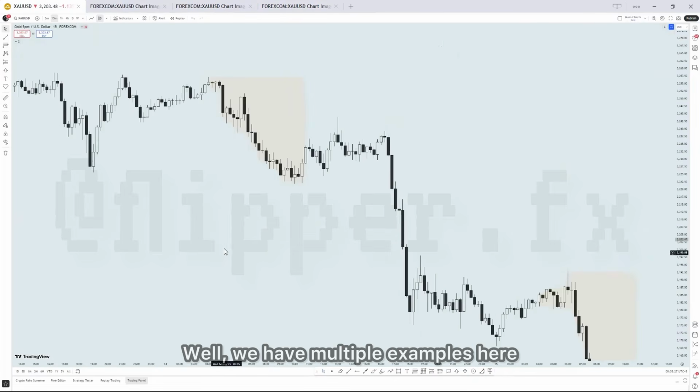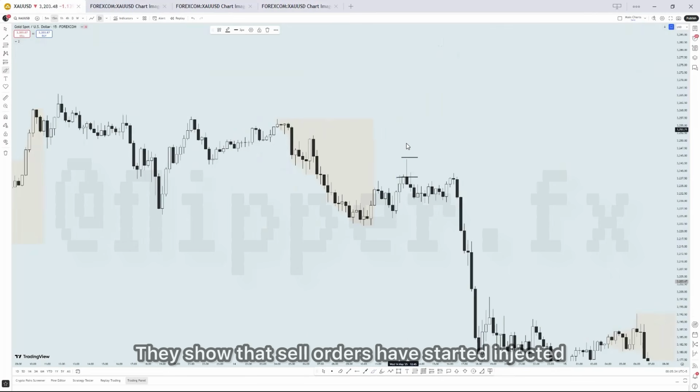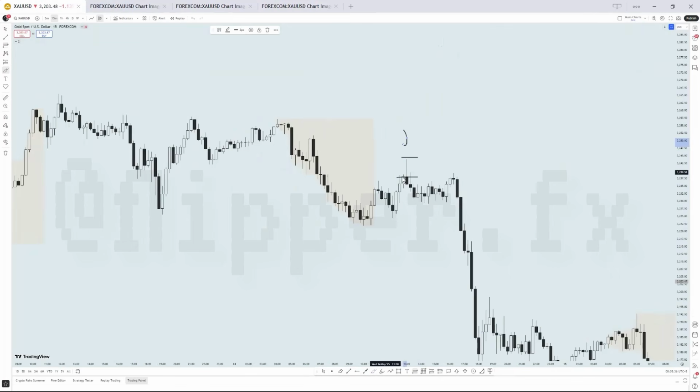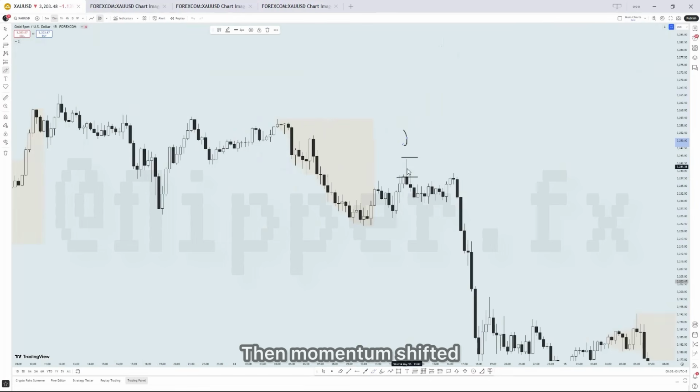Well, we have multiple examples here. Look at these wicks. They show that sell orders have started being injected. Earlier, the market was just going buy. Then momentum shifted, wicks started forming, and sell orders were injected. The market revisited that area again and boom, dropped.